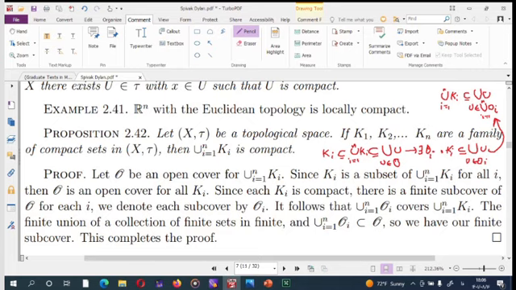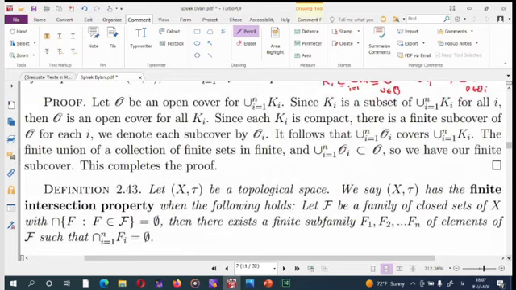And this collection is finite, so we found a subcover of this arbitrary open cover for this set. So any open cover for this set has a finite subcover, and this union is compact too. Any finite union of compact sets is compact.